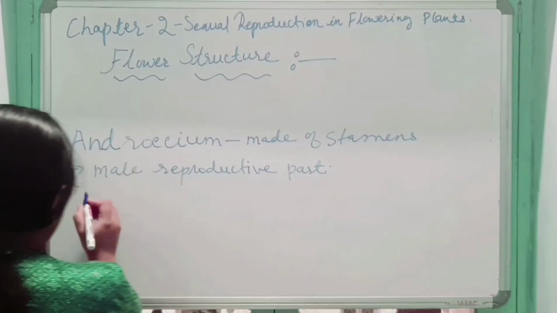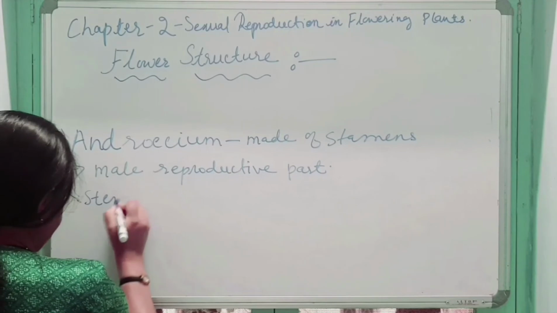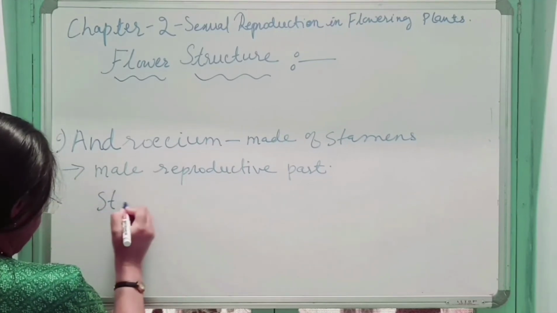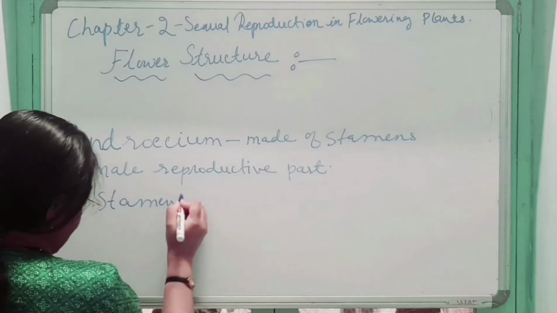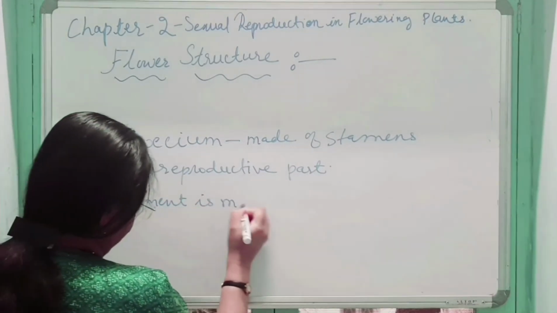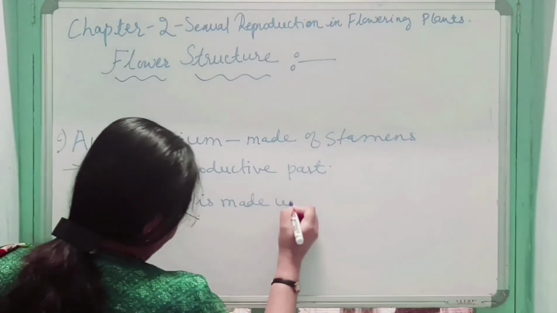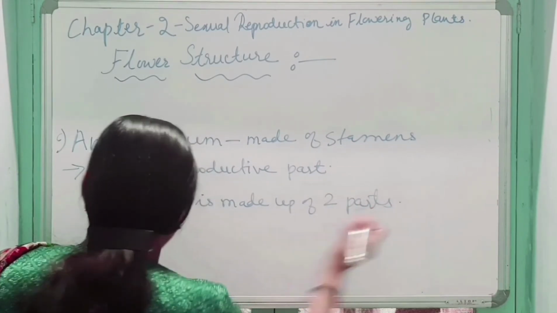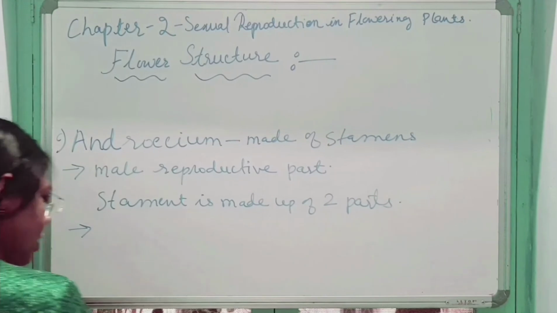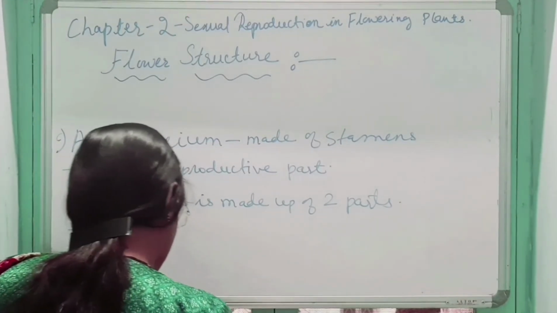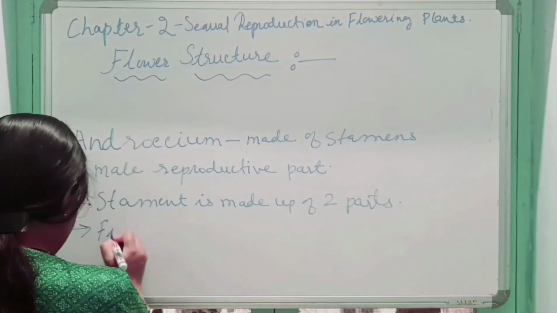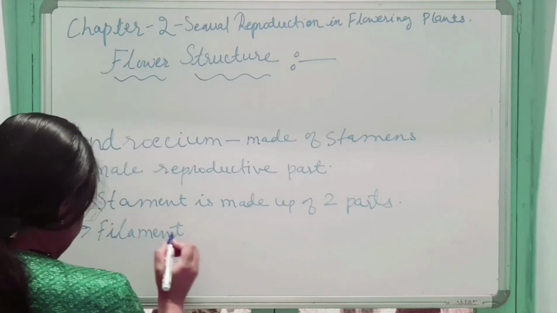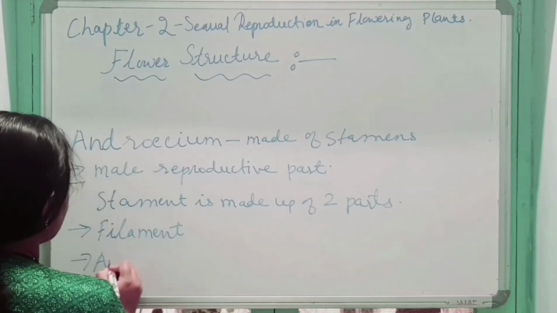Again the stamen, each stamen is made up of two parts. What are these two parts? These are filament, as we have seen in the diagram, and second is the anther.